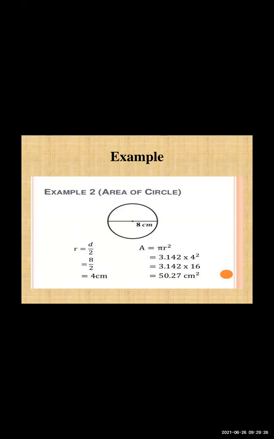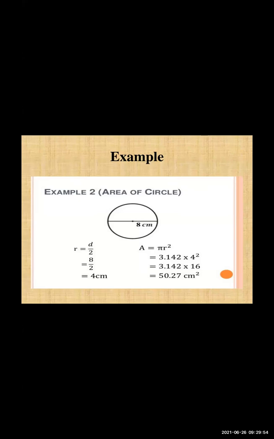Now we will use the formula of area, that is A is equal to pi r square. The pi value here they have taken is 3.142. I have told you there is a never-ending value of pi, so here we are taking only 2 or 3 decimal digits. So 3.142 multiplied by 4 square, whatever the radius is, its square we have to take. 4 square is 16.